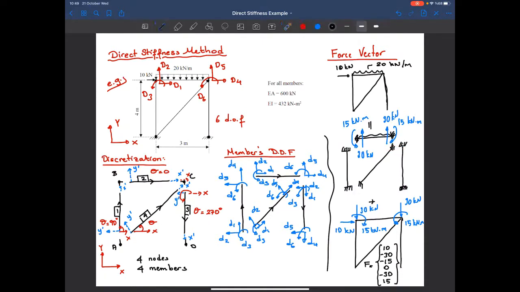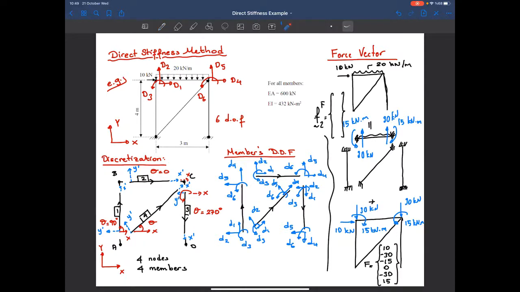So the fixed end force vector for the second member, let's use the lowercase as we always do. So fixed end force vector for the second member, I'm just writing it now in the member's local axis directions.